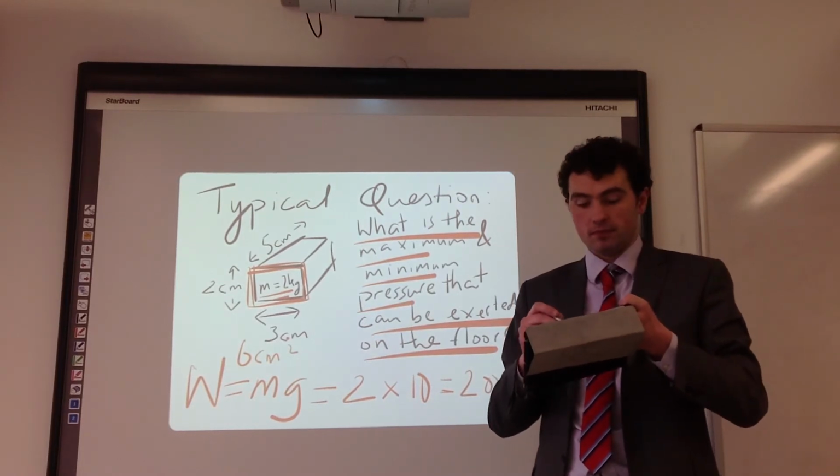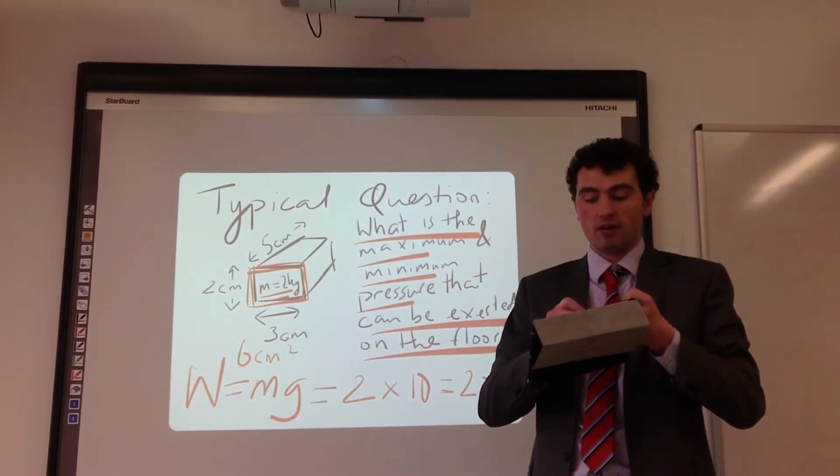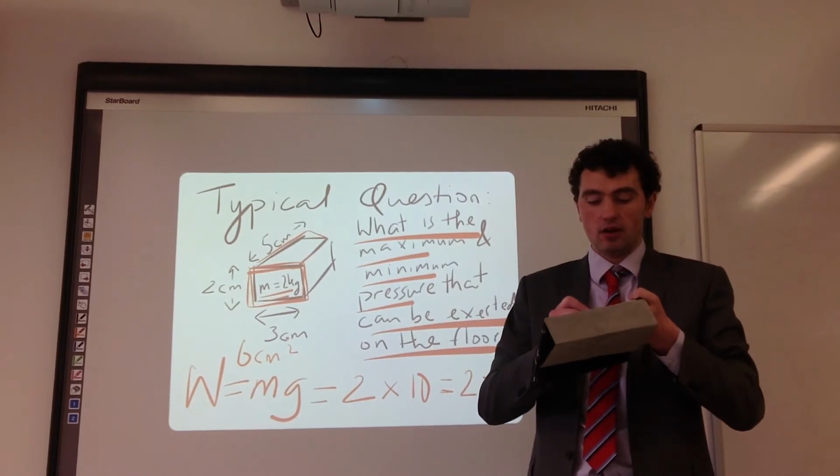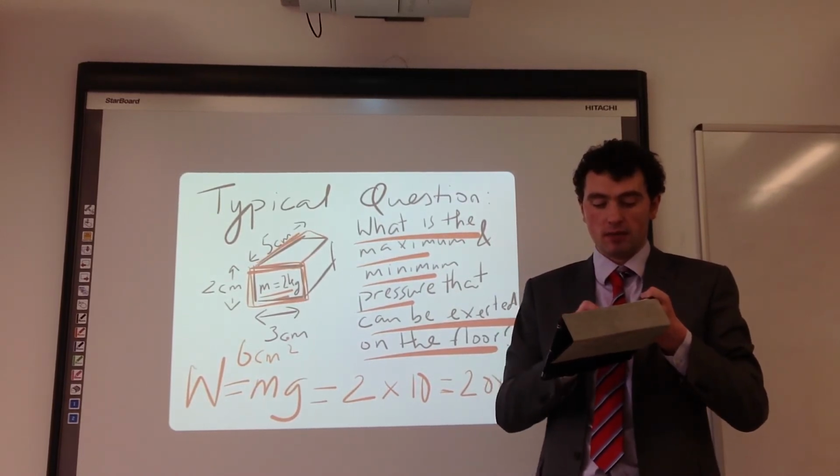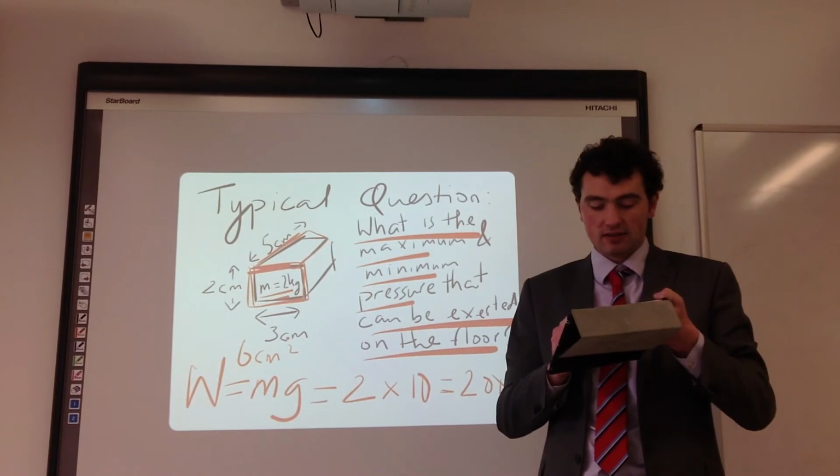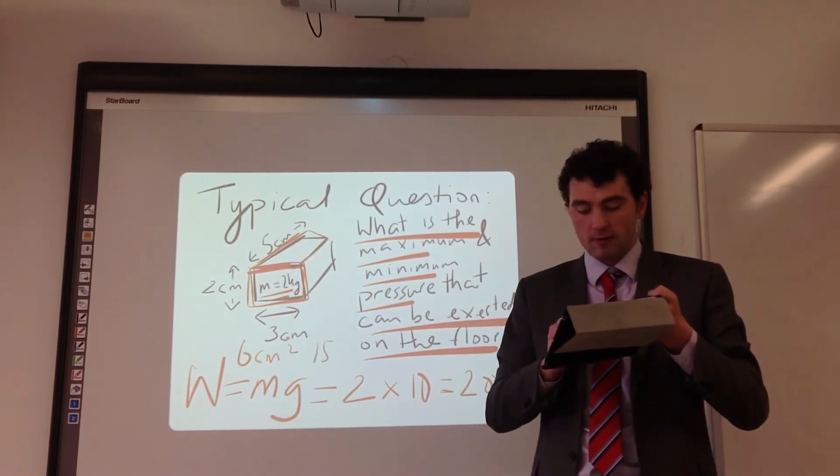And the minimum pressure is when it's over the maximum area. So the maximum area is going to be this one here, 5 centimetres multiplied by 3, so that's 15 centimetres squared.